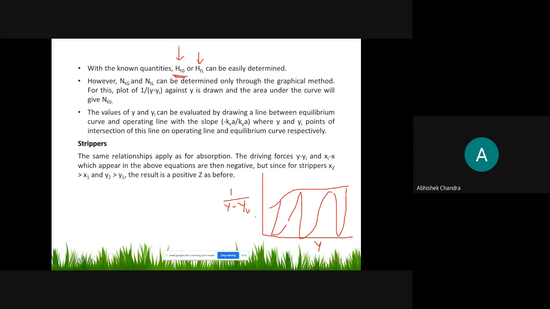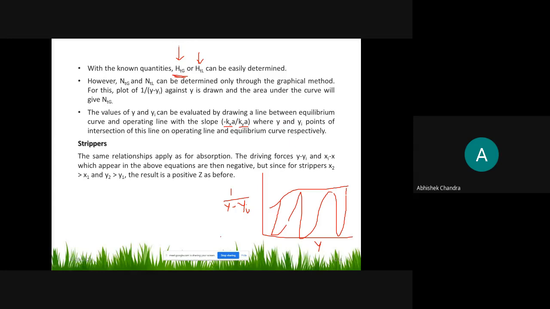Everything is okay, but how do we find the yi? These values we can evaluate by drawing a line between the equilibrium curve and the operating line with the slope of this, that is, find out this kx a upon ky a ratio.